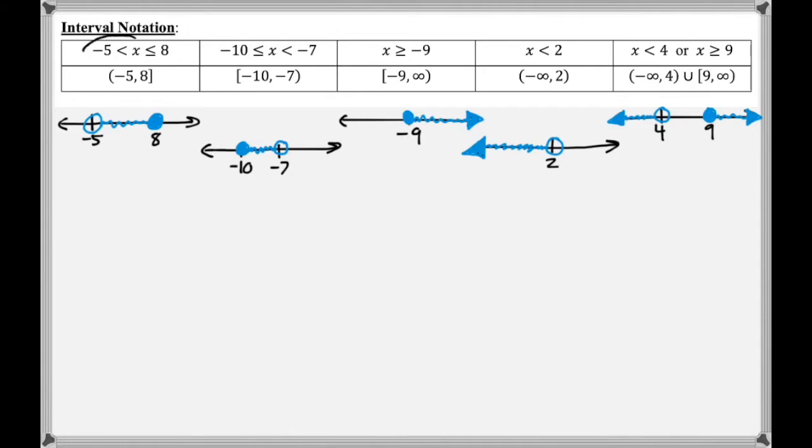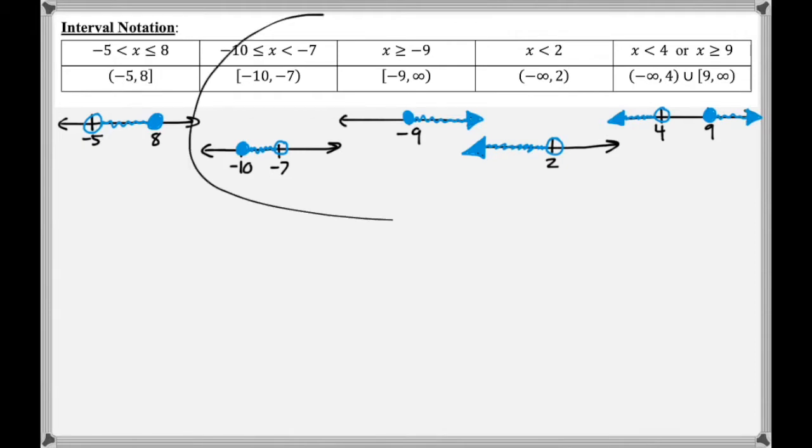So if x is between -5 and 8, including 8 but not including -5, and this is what it would look like on a number line, then your answer in interval notation would be parentheses -5, comma 8, and then a bracket. So in interval notation, you report the leftmost boundary and you report the rightmost boundary.